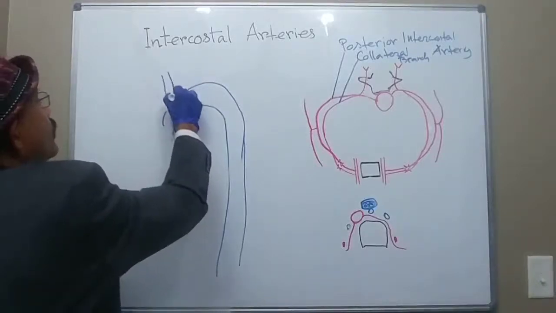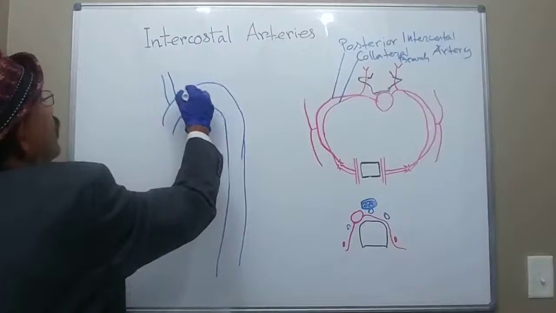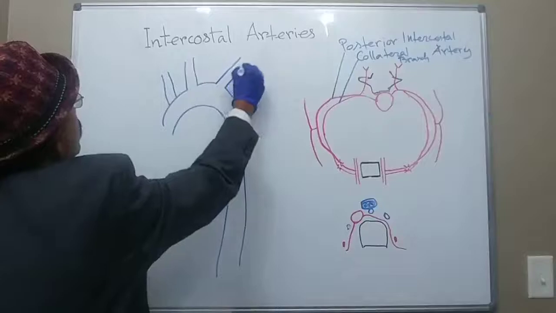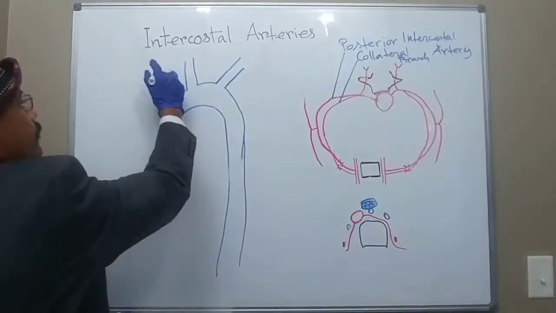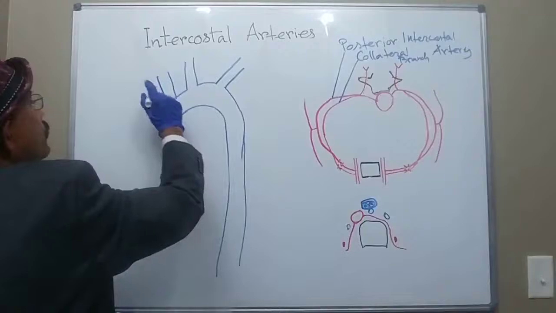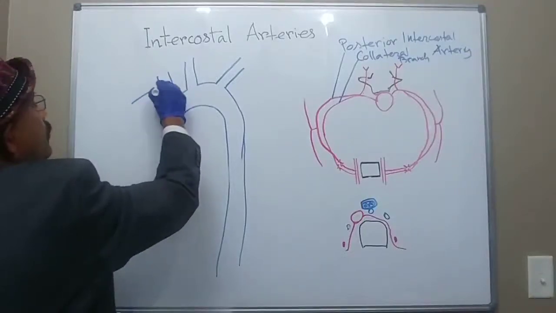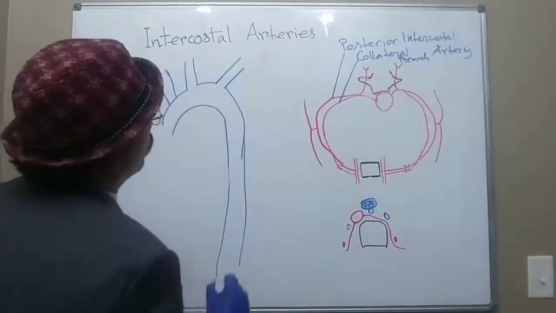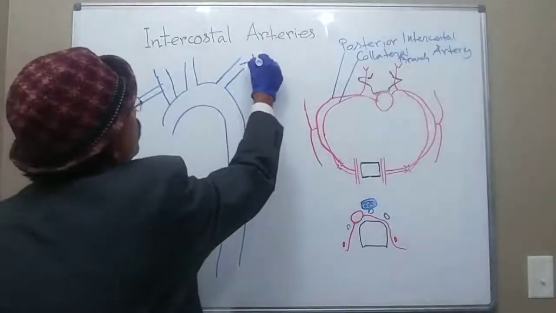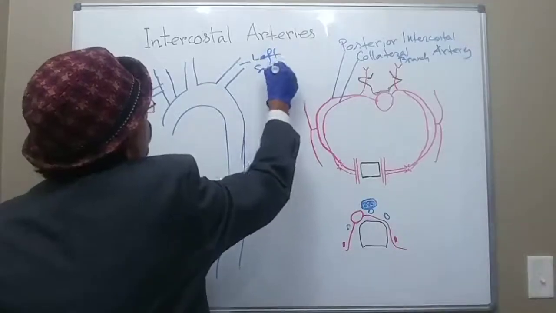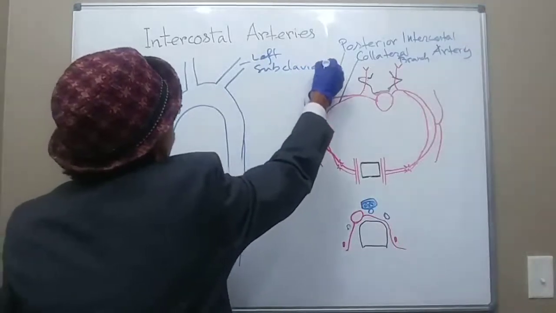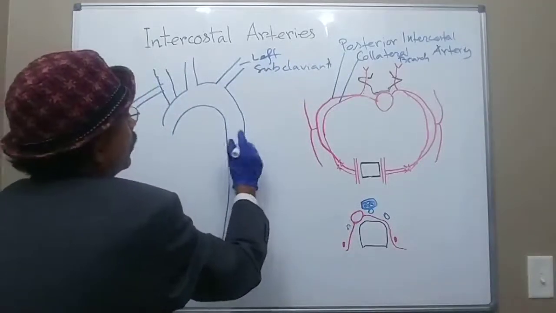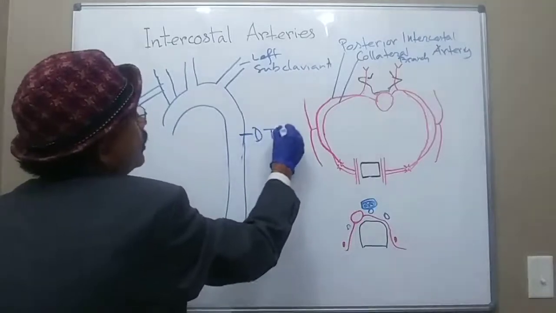One is the brachiocephalic trunk, another one is the left common carotid artery, then the left subclavian artery. The brachiocephalic trunk has 2 divisions: the right subclavian artery and the right common carotid artery. This is the descending thoracic aorta, DTA.